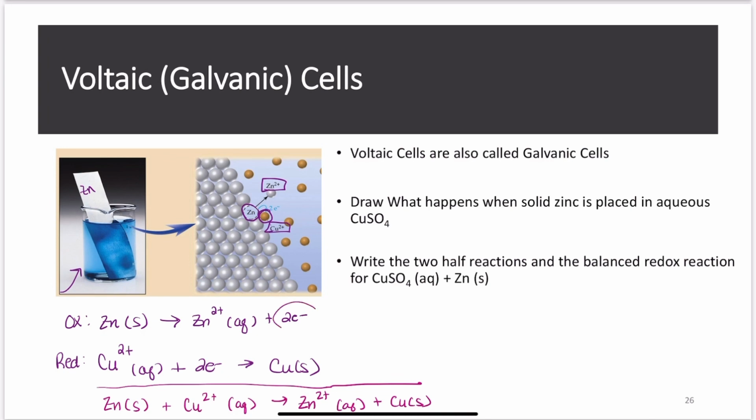Why didn't I write my electrons? Well, they're on opposite sides of the reaction, which means they cancel out. They are being transferred. They are there, but I'm not going to emphasize it because they're being canceled out on each side of the reaction. So the overall redox reaction is zinc solid plus copper 2+, giving me zinc 2+ plus copper solid. But that is your net ionic reaction.